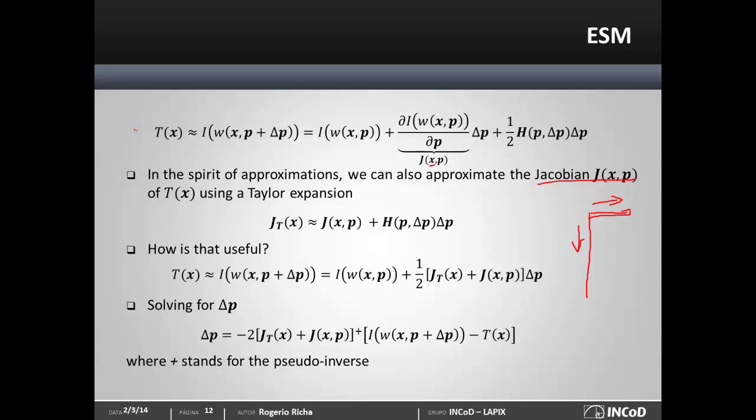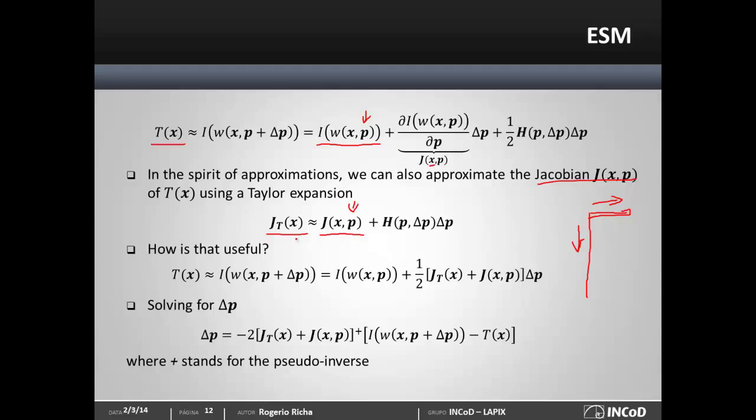Okay, so I'm doing a second-order Taylor expansion of my back-warped image around my current tracking parameters p to make it resemble my reference image. And in the spirit of these approximations, let me first approximate the Jacobian of my reference image T by the Jacobian of my current back-warped image with my current tracking parameters p.